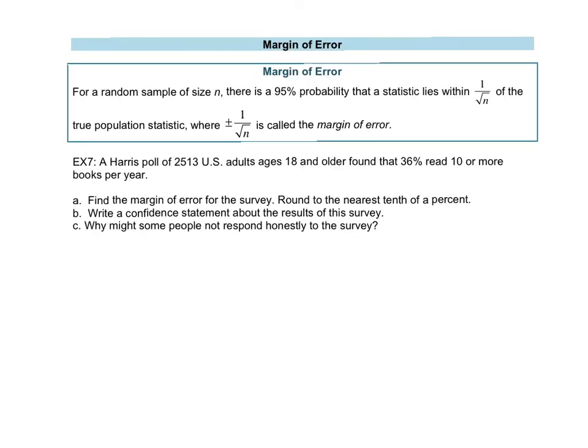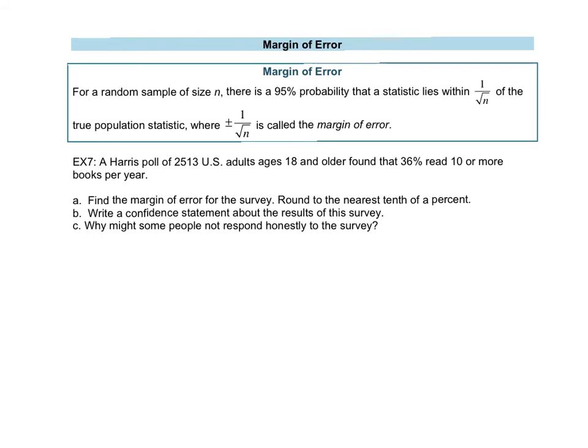The last thing we're going to talk about in this section is what we call the margin of error. So remember that we collect this data, but we're only sampling our population. We're actually not collecting data from every person in our population, so there is going to be some error there. And that comes with this margin of error formula.